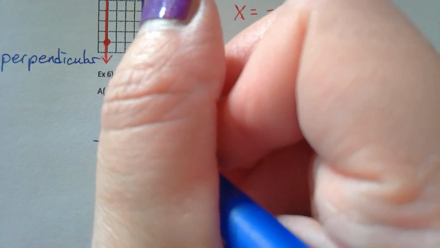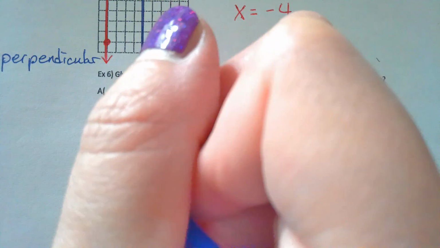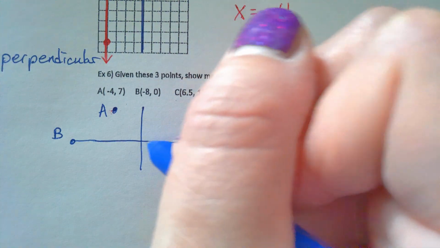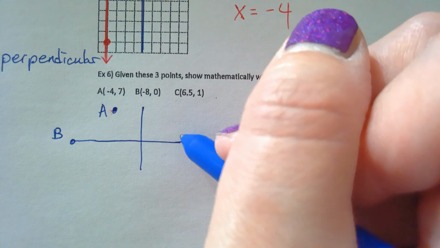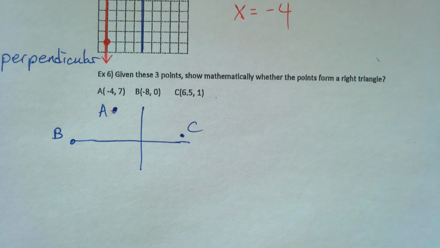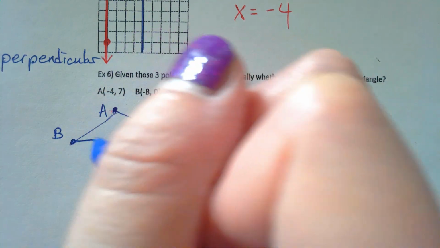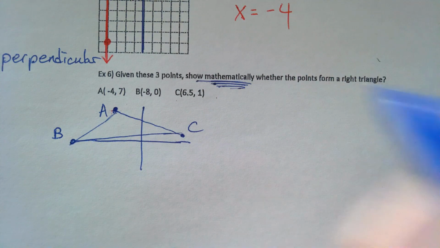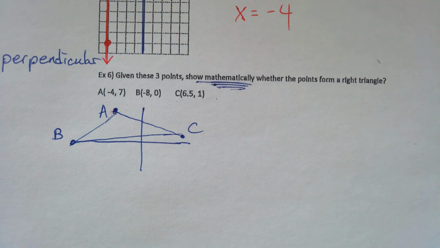So -4, 7, that's A; -8 and 0, that's B; and 6.5 and 1, that's C. I know it's supposed to form a triangle. Does it look like a right angle triangle? But it does say show mathematically. Maybe it's just my sketch is ugly.